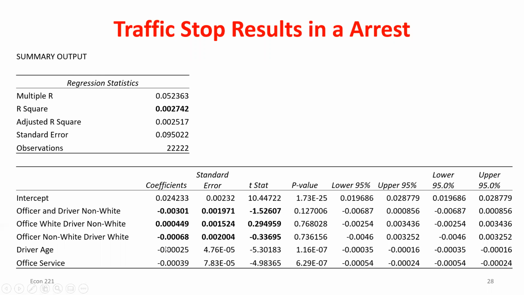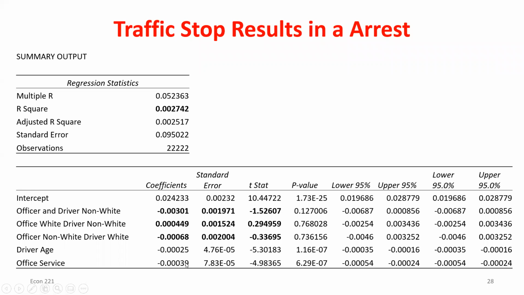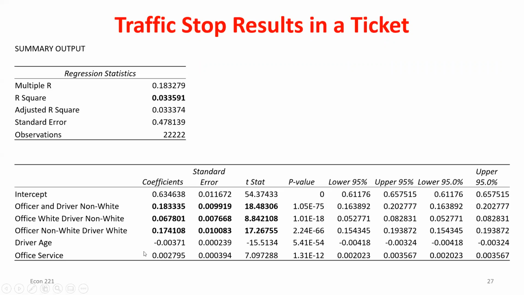But the interesting thing here, because that was the same case with getting a ticket, is we also found that it was a significant effect. We could reject that the relationship was 0 between an officer's years of service and whether or not the person was arrested. Well, for the ticket, we said the older the officer is, the more likely they are to write a ticket. I don't know if this is a crotchety old man thing or what the whole story is behind it.